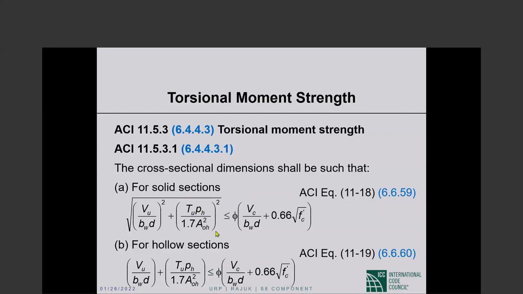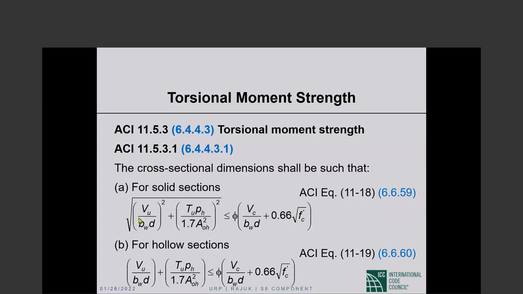Now the P sub h and A sub 0 h will be better if I talk about it in just a minute. Well, it needs to be exactly defined.